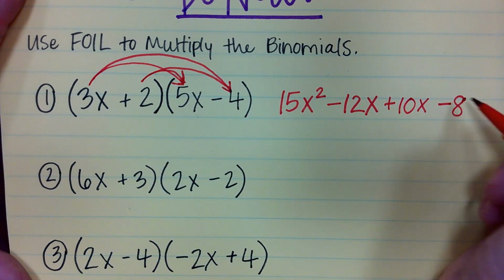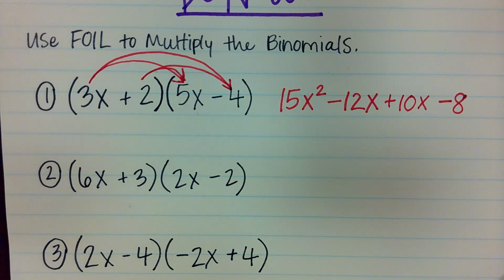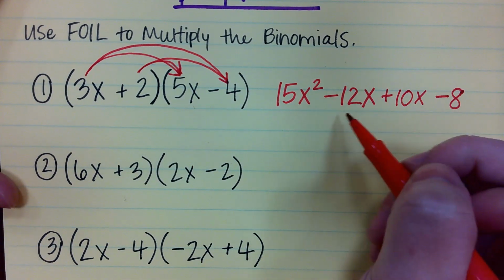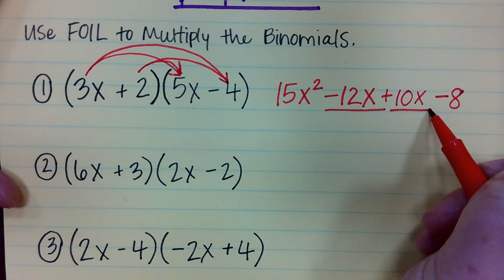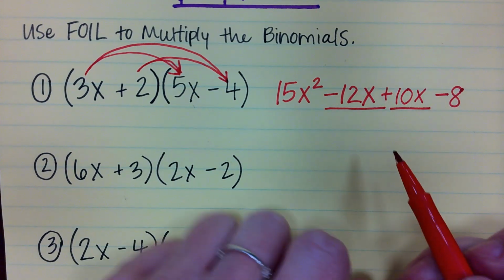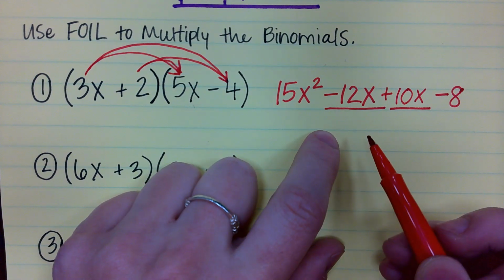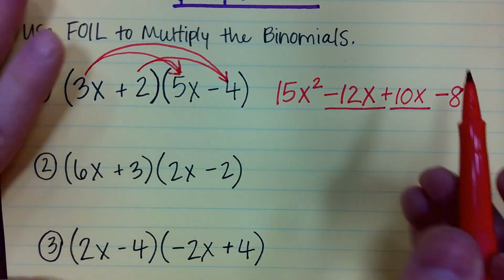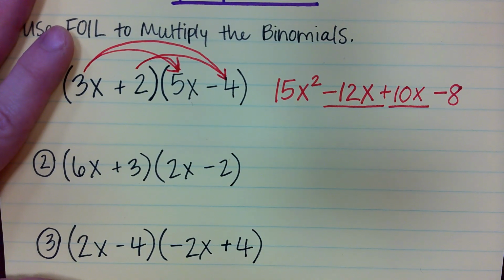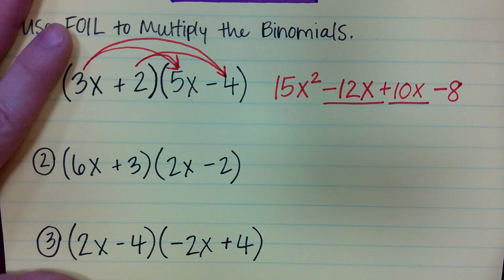Am I done? No. I've got one last thing that I need to do. What do I need to do? Combine like terms. Yes, I have got some terms that can be combined, my -12x and my positive 10x. So what is -12x plus 10x? -22. Oh, I got 2 different answers. Wait, I said -2.